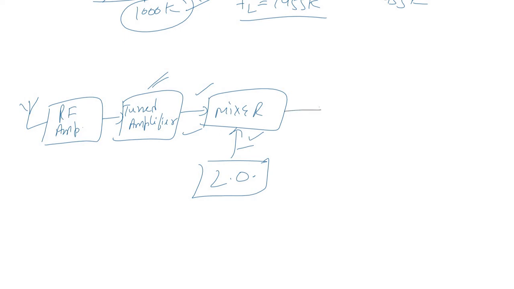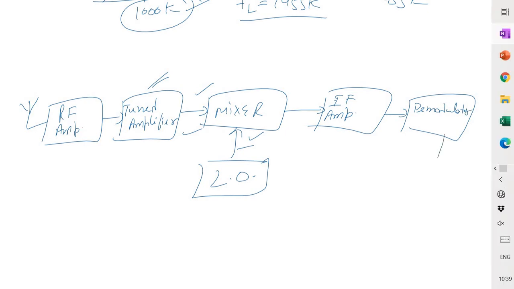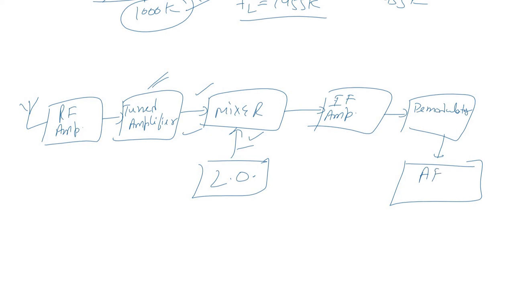Okay, the next block is the IF amplifier, intermediate frequency amplifier. IF stands for intermediate frequency. Next we have the demodulator. Then all the other blocks are the same. Next we have the AF amplifier, then the power amplifier, and then the loudspeaker or any other output device.